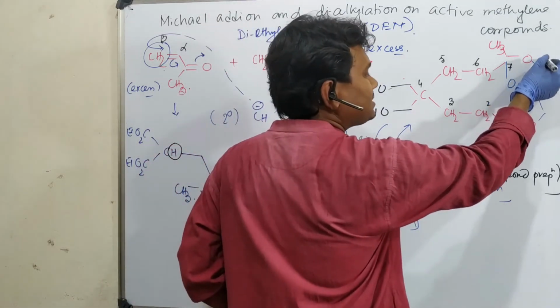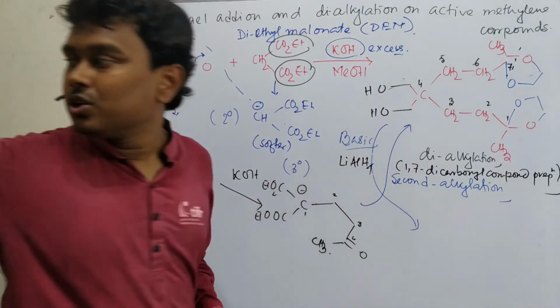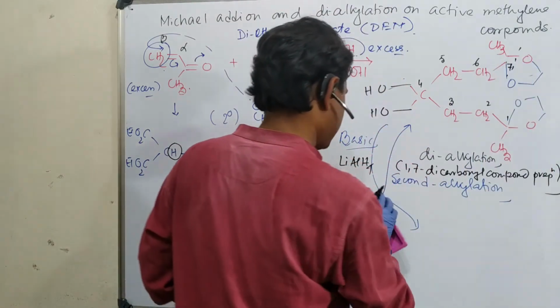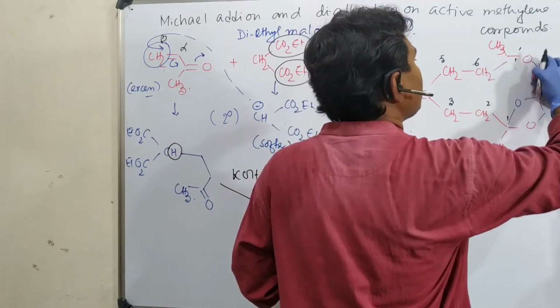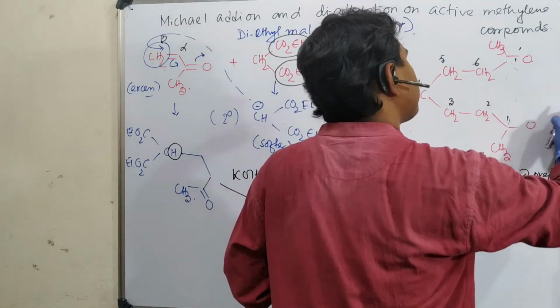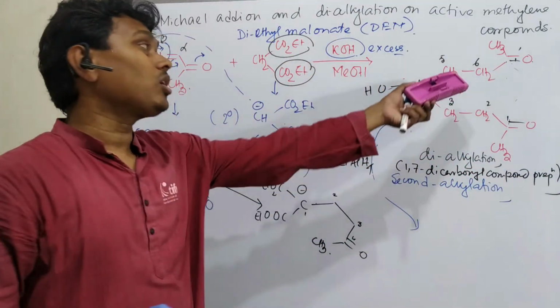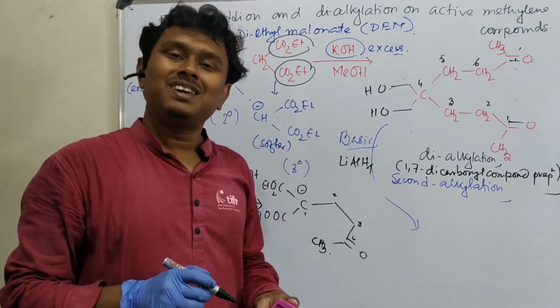You can hydrolyze this in presence of acid to get back your parent ketone. Okay. So I guess it may not confuse. So you can get your parent ketone in this way. So this is no problem. Purely 1,7-dicarbonyl compound. So this is the interesting thing of this.